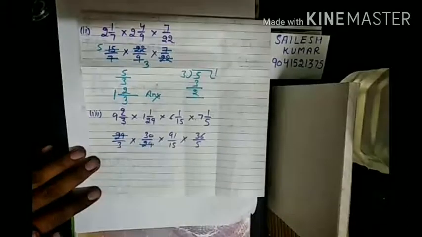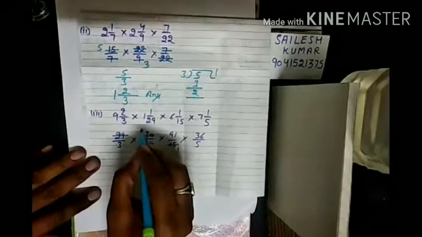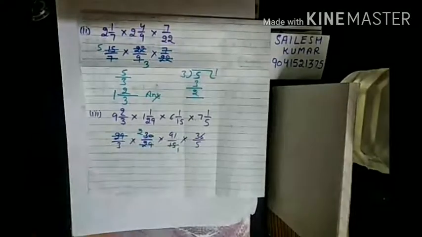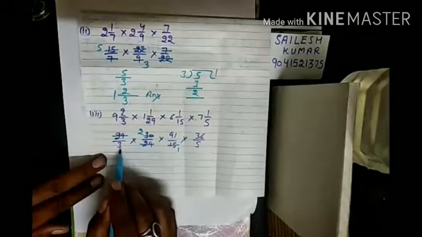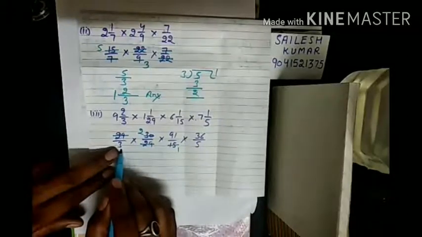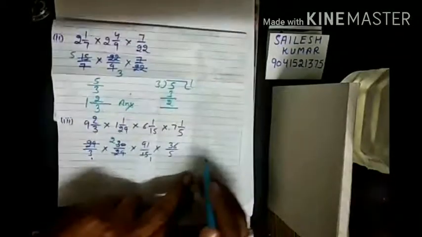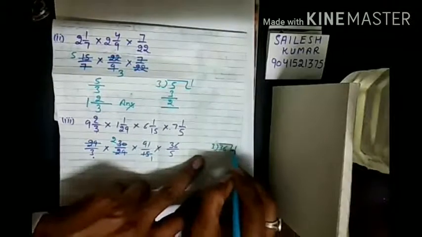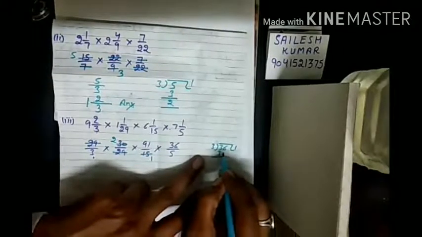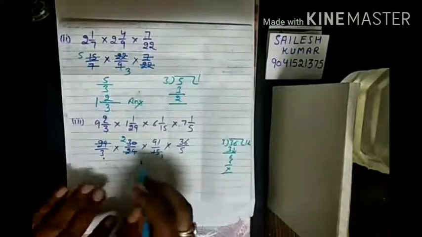On the table of 15, 30 is there. 15 ones are 15, 15 twos are 30. And now 3. On the table of 3, 36 is divisible. Yes. So I divide 36 by 3. 3 ones are 3 and 3 fours are 12. Therefore the answer is 12.